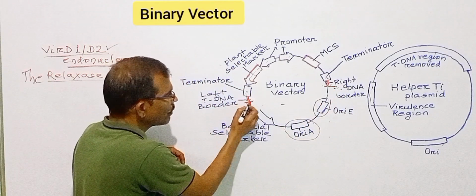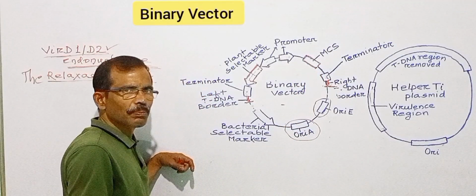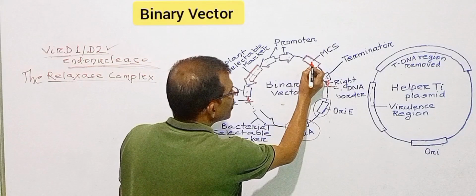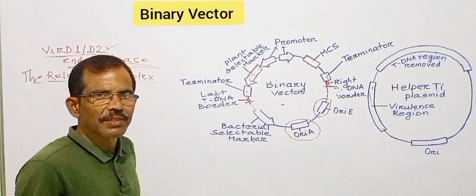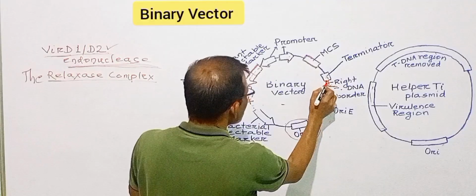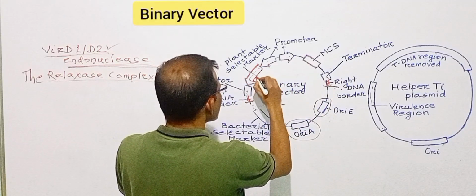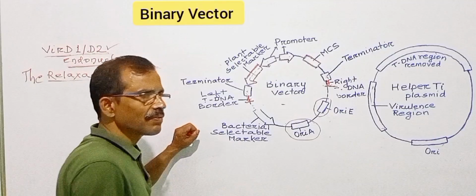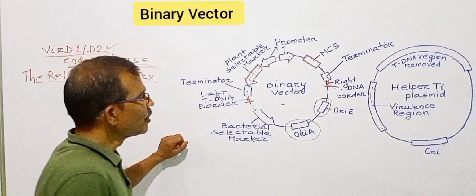In between left and right border, a multiple cloning site has been placed into which the gene of interest or the transgene can be inserted. In addition to this, the DNA segment also contains a selectable marker gene for identification of transformed plant cells.